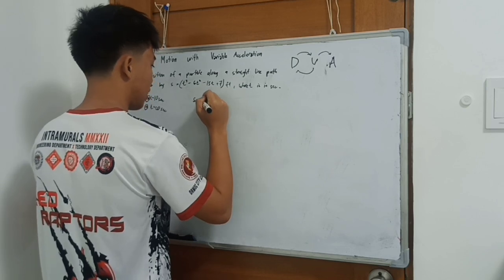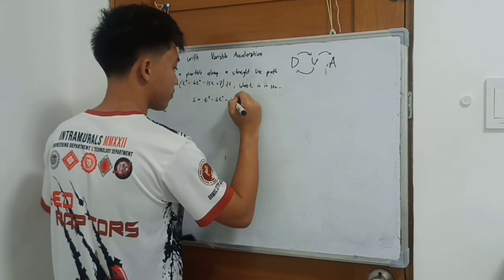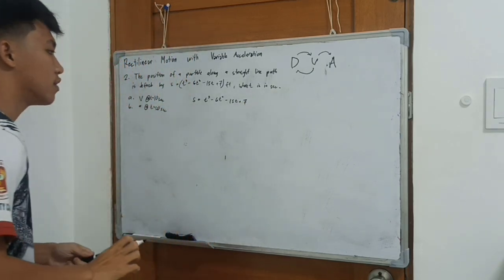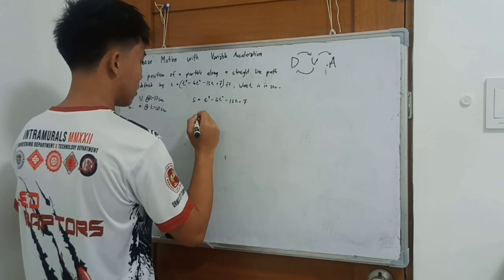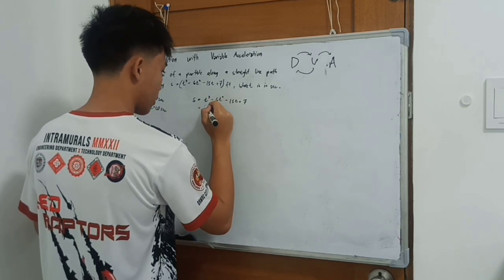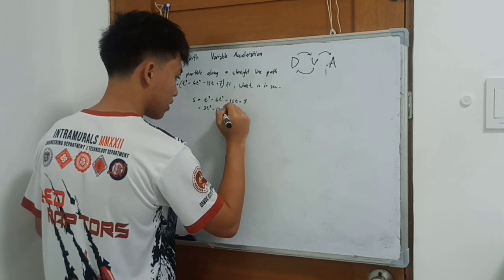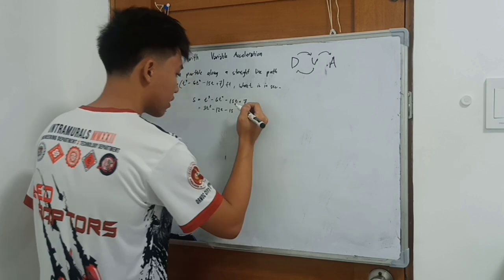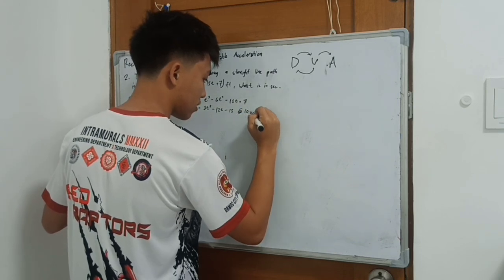So we start with s equals t cubed minus 6t squared minus 15t plus 7, and we're going to differentiate it with respect to t. So we get 3t squared minus 12t minus 15, and t is equal to 10 seconds.